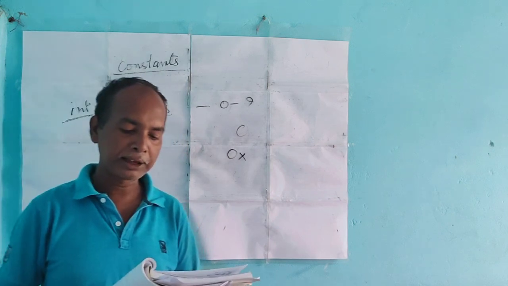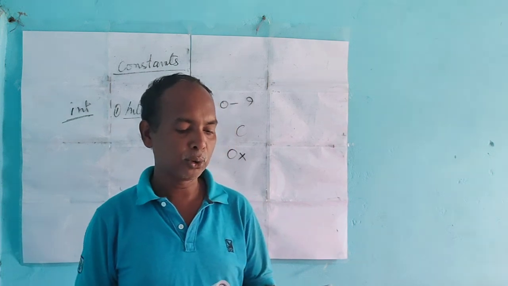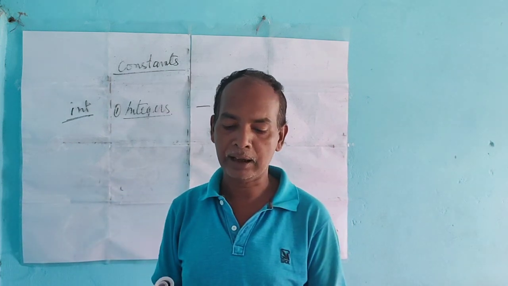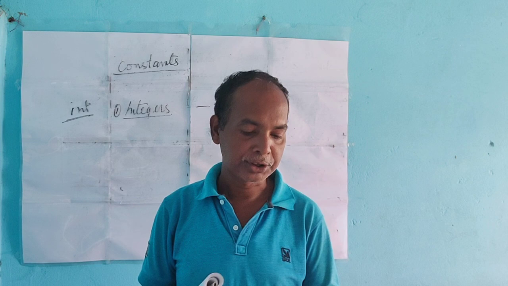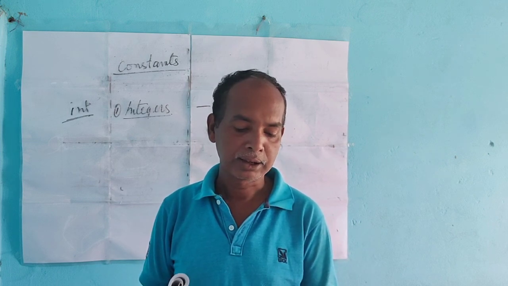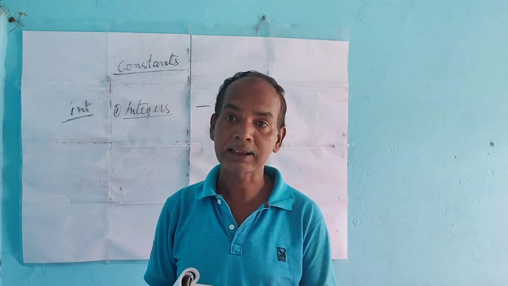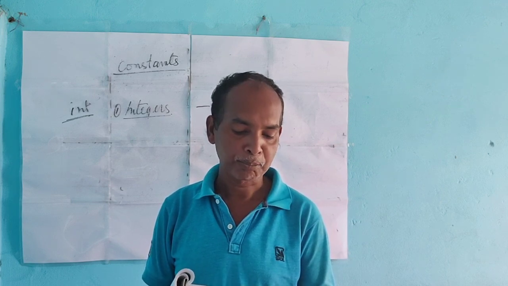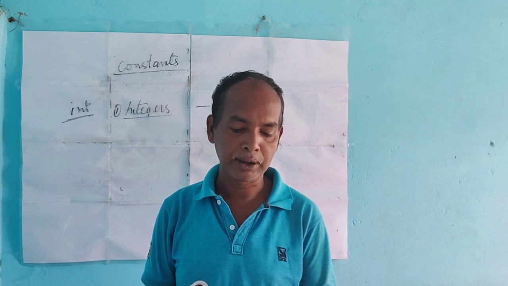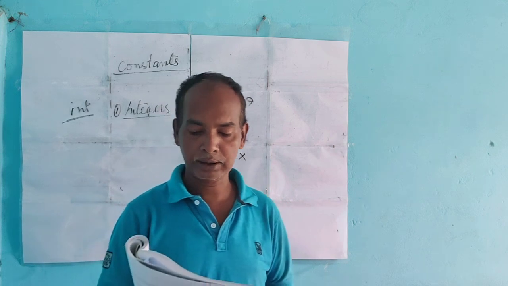However, we can make them represent unsigned int by appending the character u, or long by appending the character l. For example, 65 is int, 65u is unsigned int, 65L is long int, and 65ul is unsigned long int. The characters u and l can be uppercase or lowercase. You can use both.